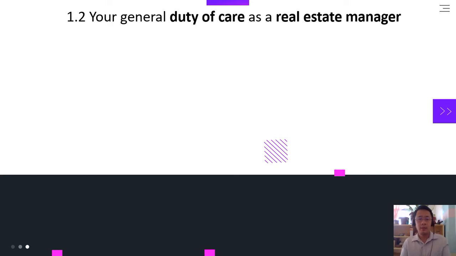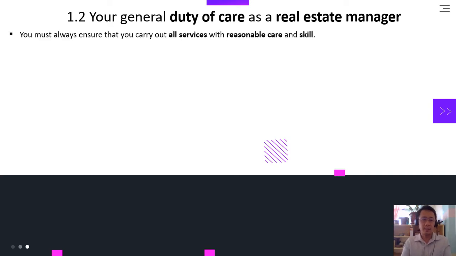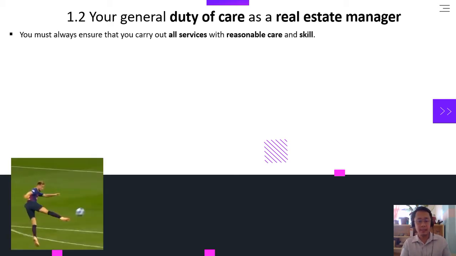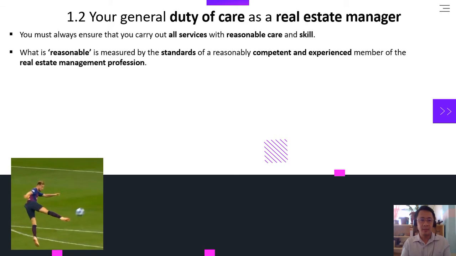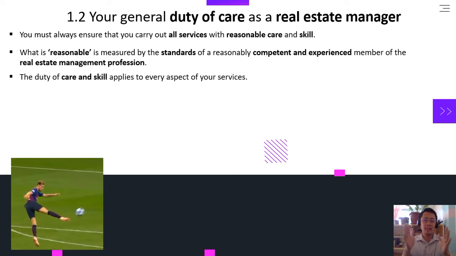Your general duty of care as a real estate manager: you must always ensure that you carry out all services with reasonable care and skill. What is reasonable? It is measured by the standards of a reasonably competent and experienced member of the real estate management profession.